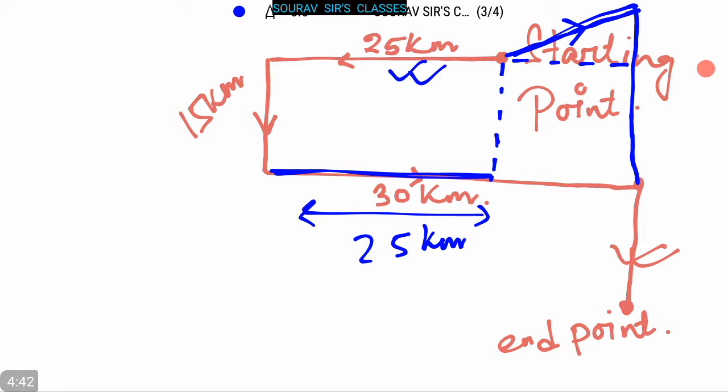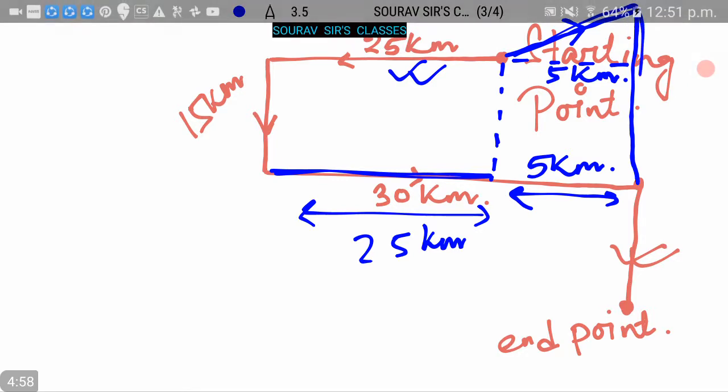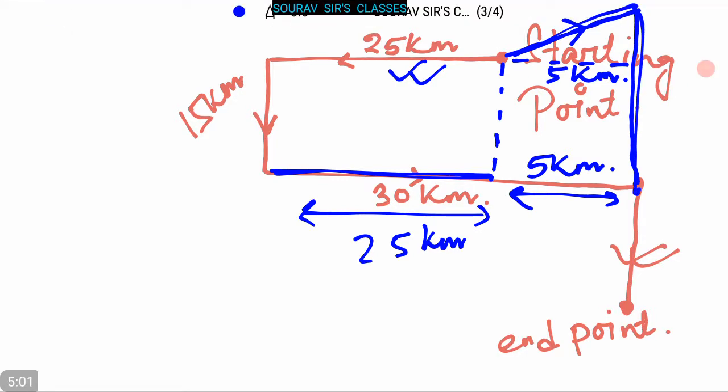Now the total distance was 30, so this distance must be 5 kilometers. This is why this distance will also be 5 kilometers, and here we have to find out this one.